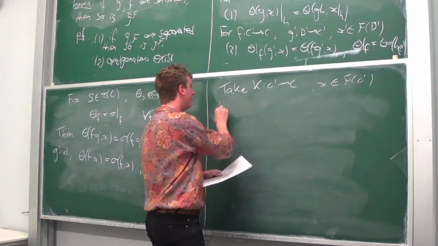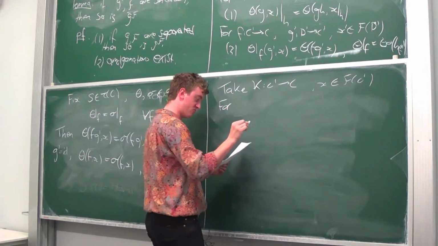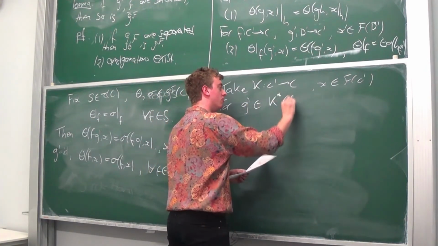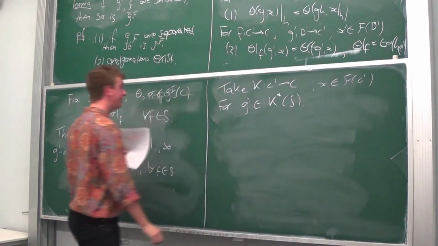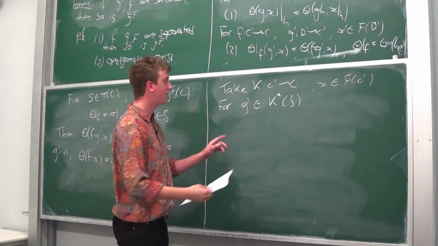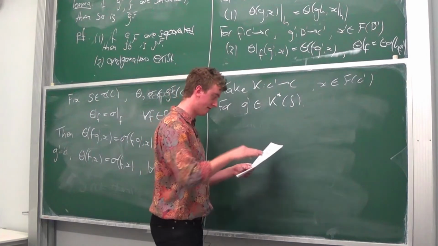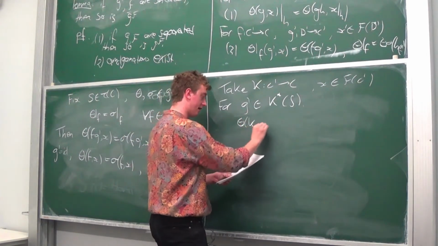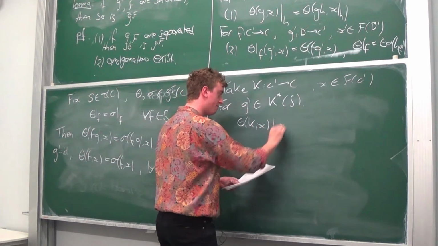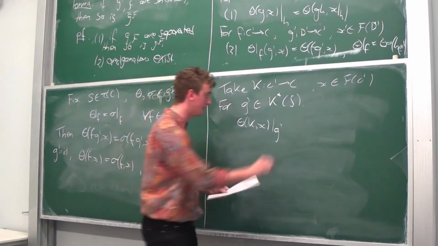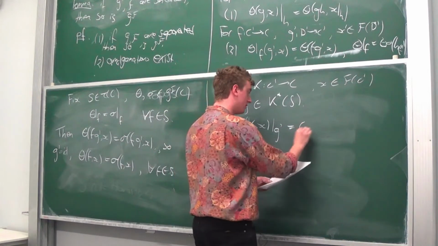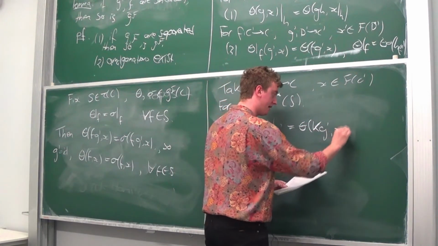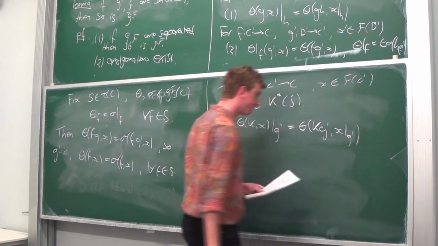Then for any G prime in the pullback by K of a covering sieve S, we're going to have that theta Kx restricted along G prime by naturality is going to be equal to theta of Kg prime x restricted along G prime.